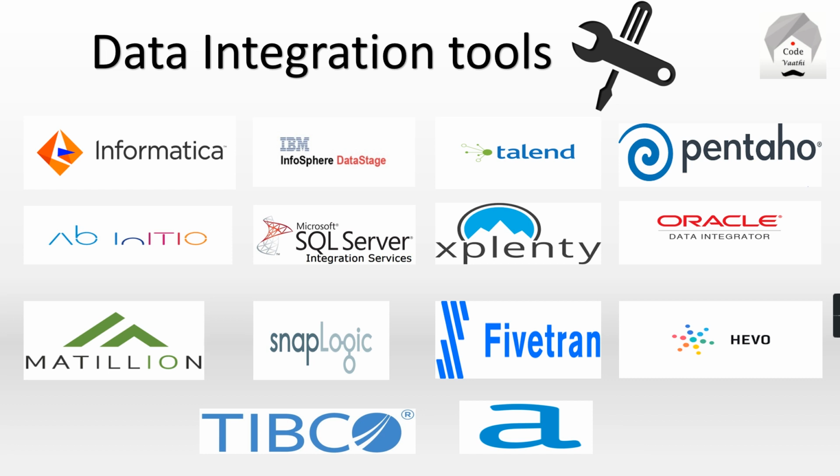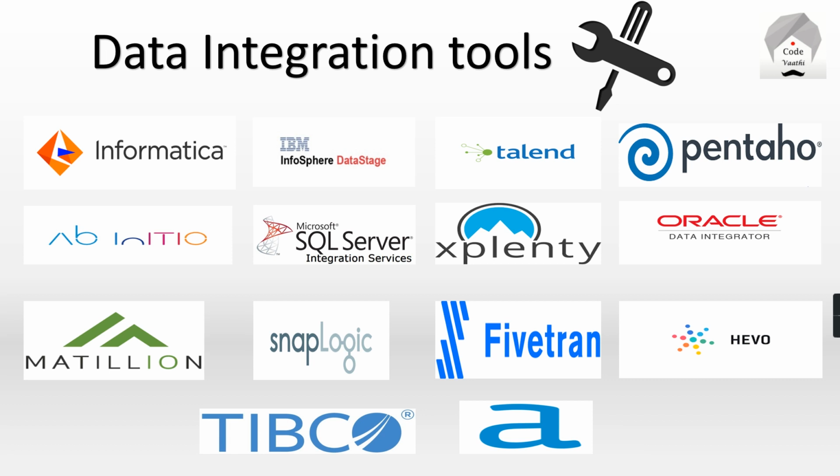Next is Oracle Data Integrator. If a company is an existing Oracle customer and uses ELT workloads, they can go for this. Next is Matillion. It is an ETL as well as ELT tool specifically for cloud-based platforms. It includes databases like Amazon Redshift, Google BigQuery, Snowflake, and Azure.